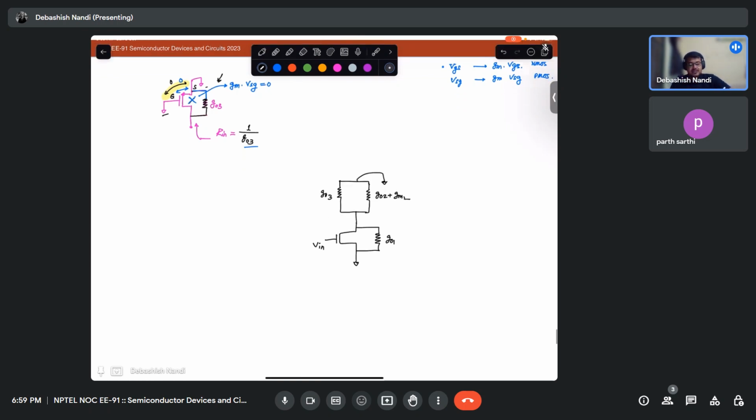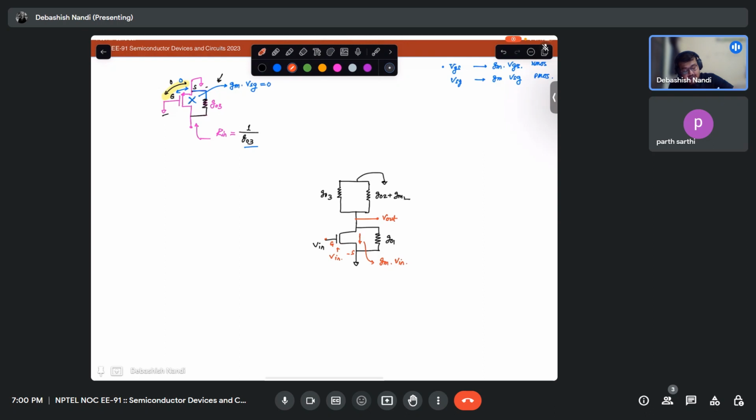So what would be the gain of this circuit? How will you find it out? Again, the same method. What is this current? This is G, this is S, this is V in. So this current is gm times V in.